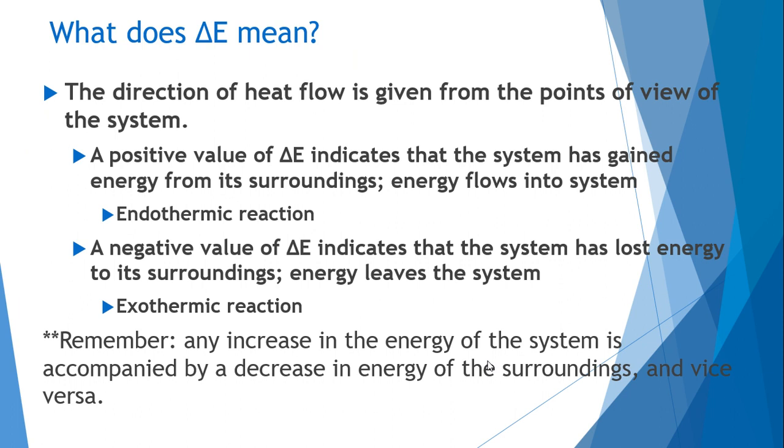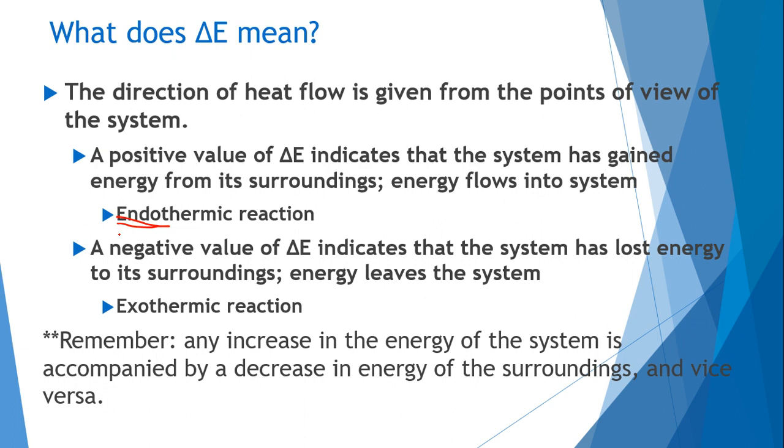So what exactly does that all mean, the positive and the negative? Well, remember, the positive and negative tells me the direction that heat or energy is flowing. Whenever we get a positive value for delta E, it typically means that energy has been gained from the surroundings, so energy is flowing into the system. That's how we get that positive value, and we classify this reaction as endothermic.